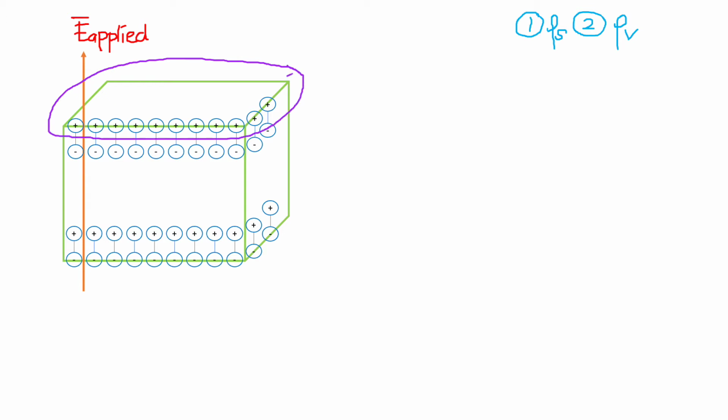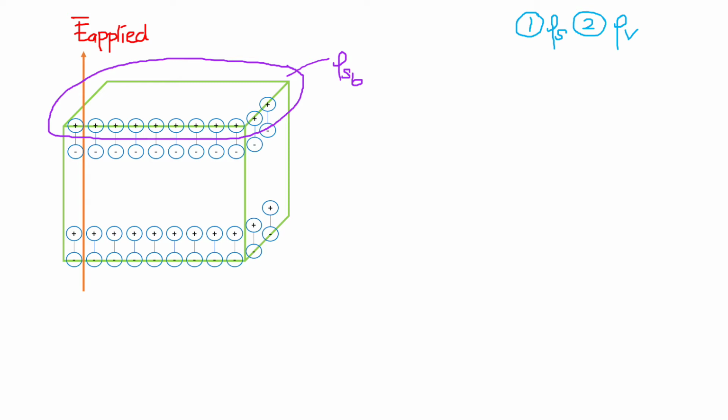This will be our positive rho SB. Why do we have B here? Because this is the bounded surface charge density. This positive charge is bound to the atom, that's why we give the B here.